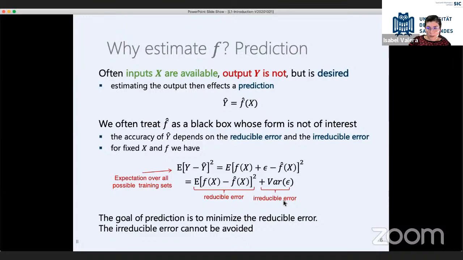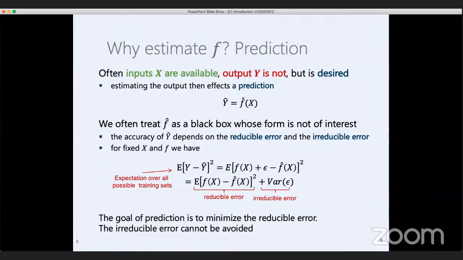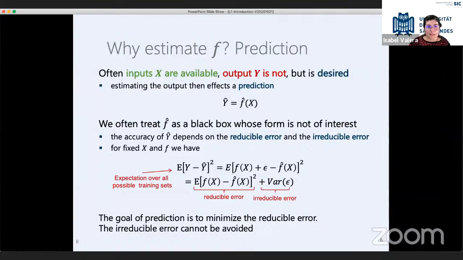Why do we call them reducible and irreducible? The irreducible one is something that comes from the data, which has some particular noise. Life is very often not purely deterministic, and you cannot know exactly how much the sales are going to be, just around a value. There is nothing we can do to reduce this error.